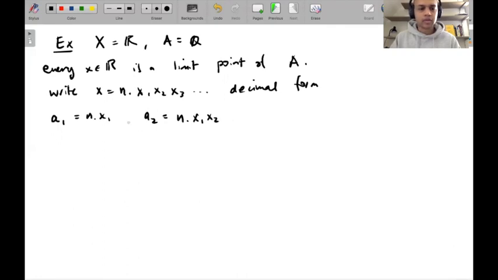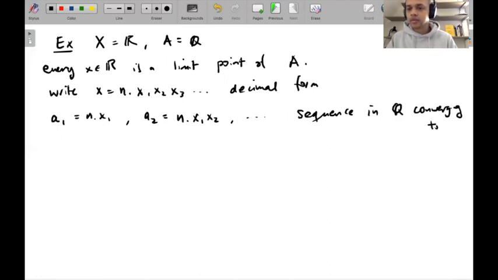And so on. So this is a sequence converging to x. It's a sequence of rational numbers converging to x.